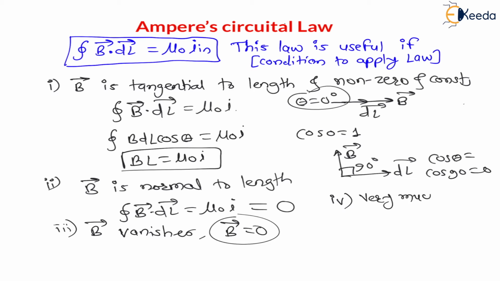Whenever the charge is very symmetric about the loop, then this law is the best. Instead of the Biot-Savart law, we will go for Ampere's Circuital Law for quick results whenever there is higher symmetry with respect to charge, right?